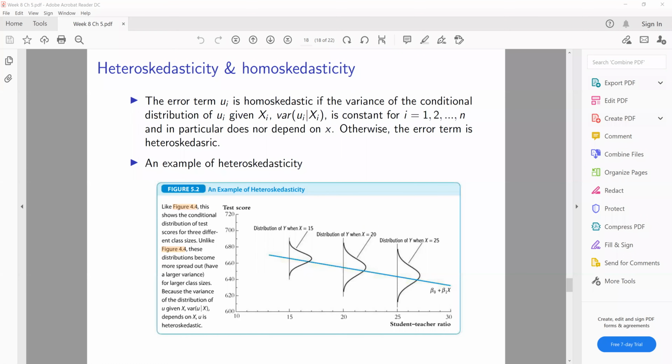I already answered this question when I said that not having a constant variance means that the variance of the disturbance term depends on your X. Maybe on something else too, but one example could be that it depends on your X. What is X? X is our independent variable.